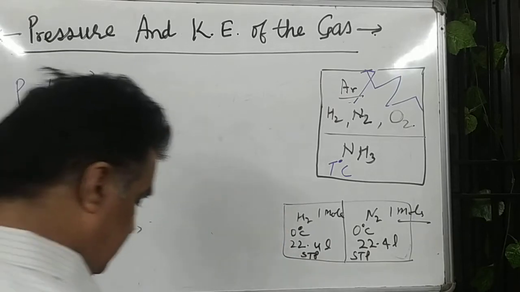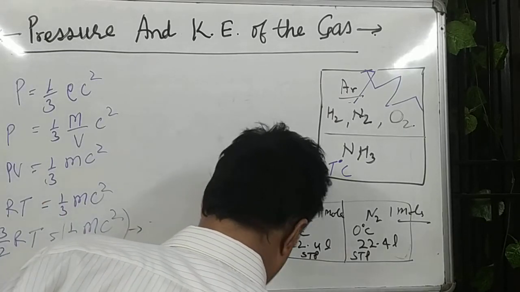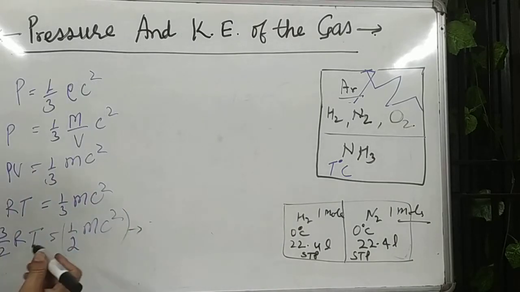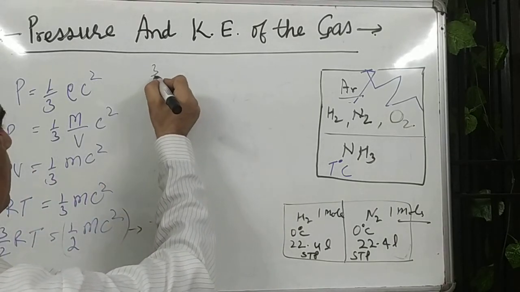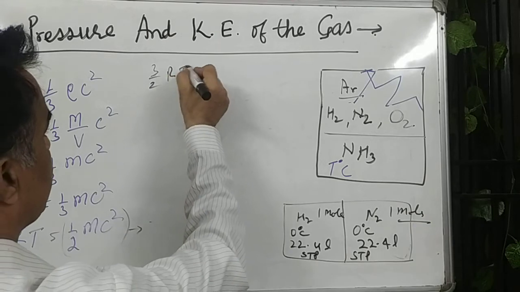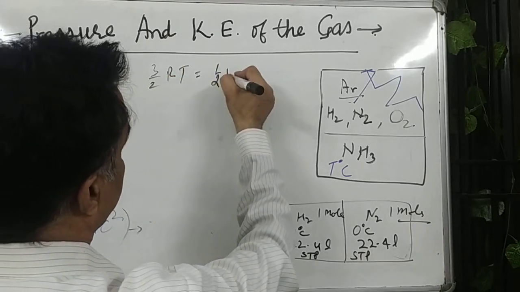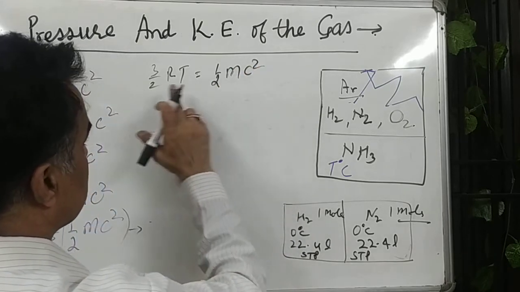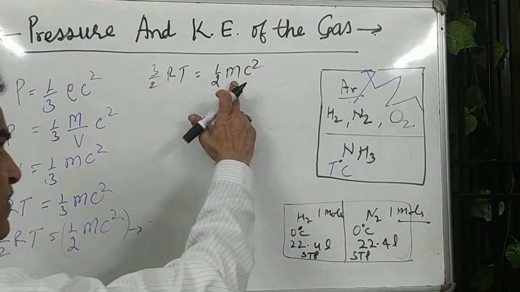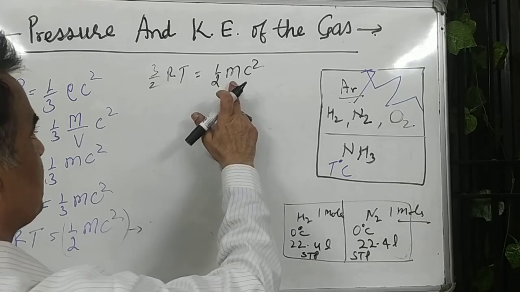Further, 3 by 2 RT equals half mc square. This is for 1 mole, and m is the molar mass.